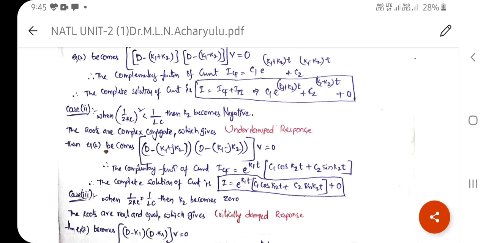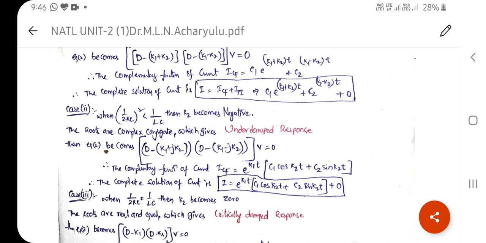Here also there is no particular integral, only the complementary function. So when (1 by 2rc) whole square is less than 1 by lc, k2 becomes negative and an underdamped response occurs in this network. The total function, which is nothing but the complementary function, is e power k1 t into (c1 cos k2 t plus c2 sin k2 t). This is the general equation of the given differential equation in the underdamped condition.